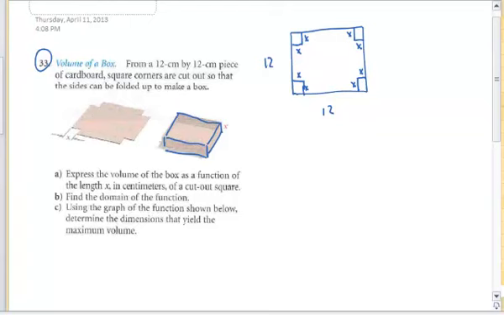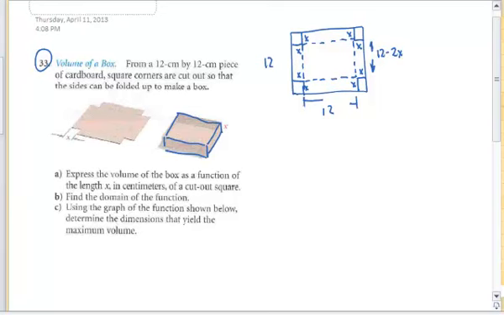So what we're going to do is consider what these dimensions would be. And remember what happened in class, where the dotted line that I'm drawing represents the base of the box, after we remove the corners and we fold up the tabs. So the dimension here is going to be 12 minus 2x, because you have an x on one side and x on the other.